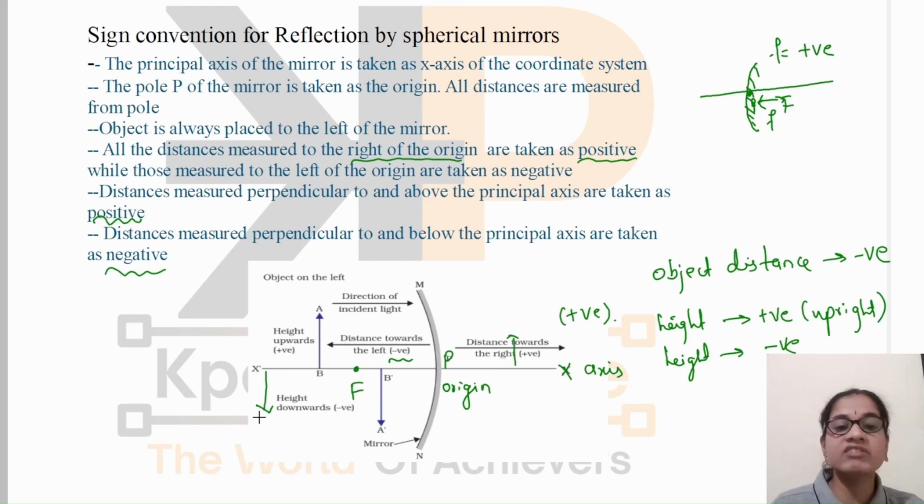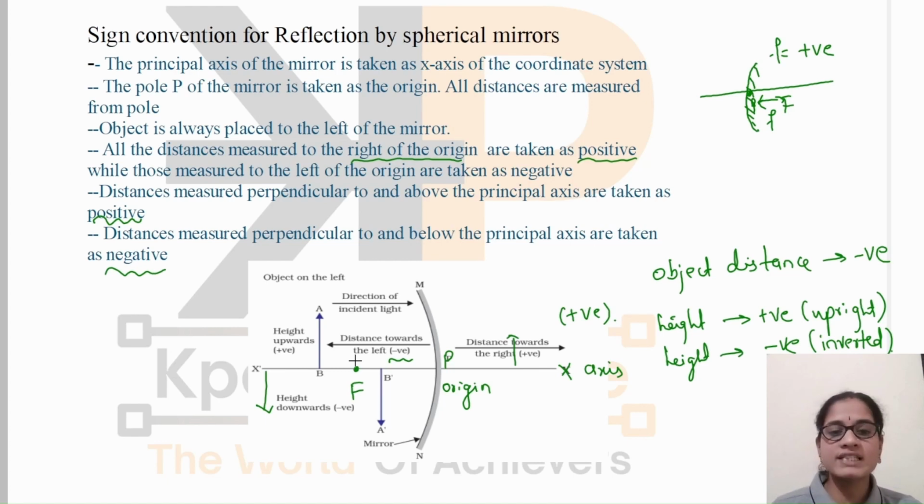See here, this is the inverted image. We are measuring this distance below the axis, so the height will be negative for inverted images. In this way, you have to apply the sign convention for the distances like image distance, object distance, focal length, height of the image, and height of the object.